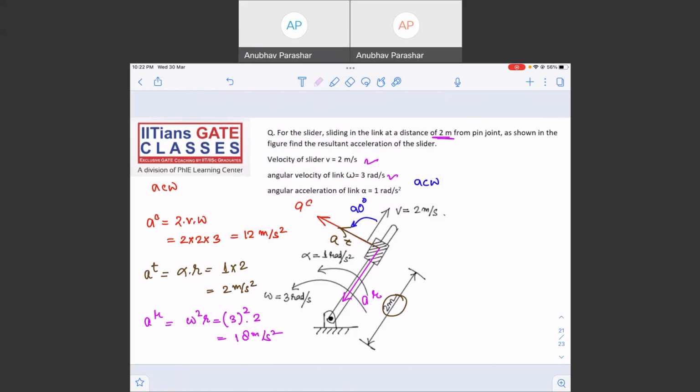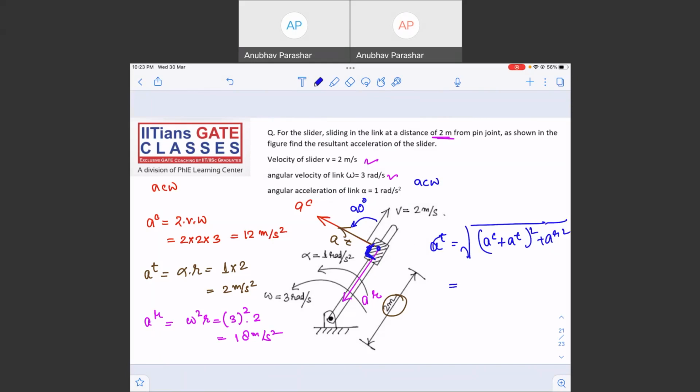So what is the total acceleration? Now, can I say the acceleration is perpendicular to the slider? Total acceleration, I can say, is equal to (AC plus AT) whole square plus AR whole square, right? Because AC and AT are in the same direction, they will add up, and AR is perpendicular to that resultant. So the angle between these two is 90 degrees. So you can directly say it is root over (AC plus AT) whole square plus AR square.